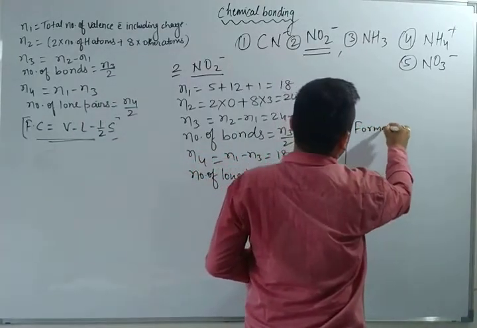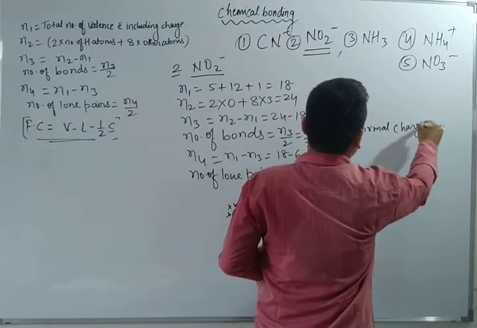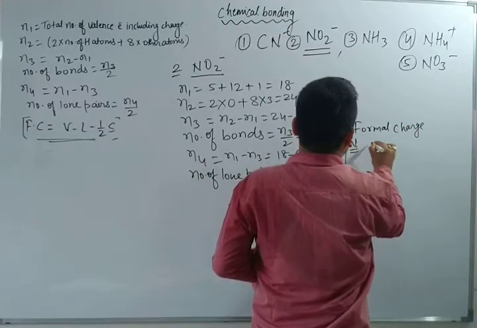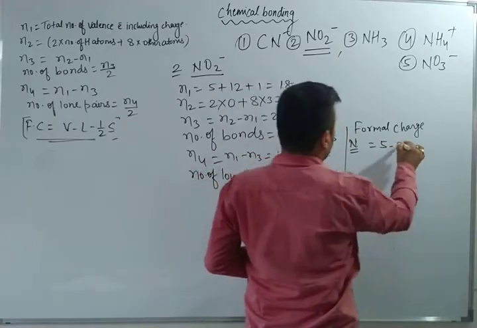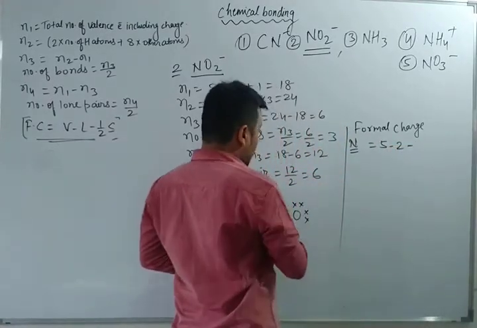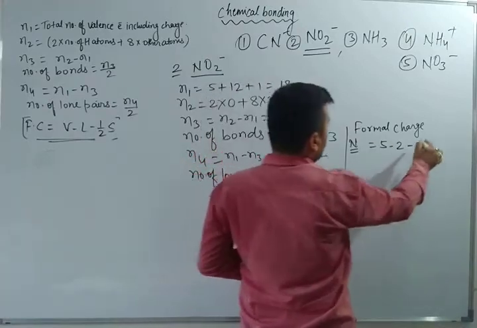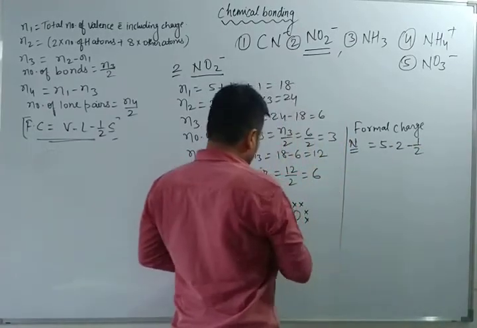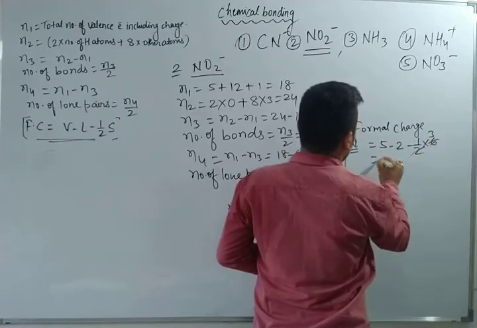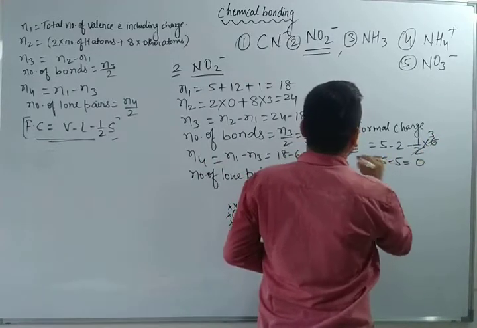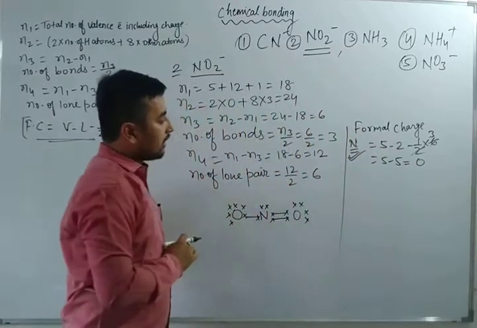Valence electrons 5. Lone pair electrons 1 pair, that's why I am writing 2. Half into shared pair electrons, 3 bonds, so 6, half of it is 3. 5 minus 5, 0. So the formal charge of nitrogen is 0.